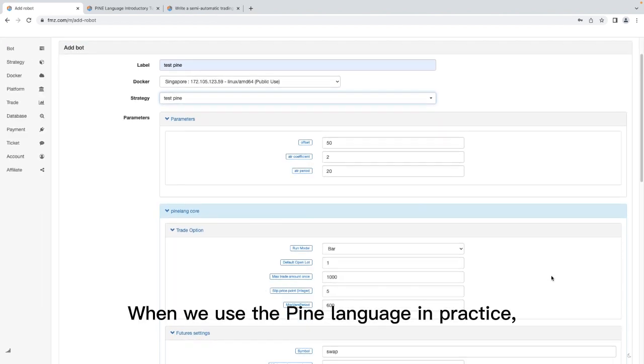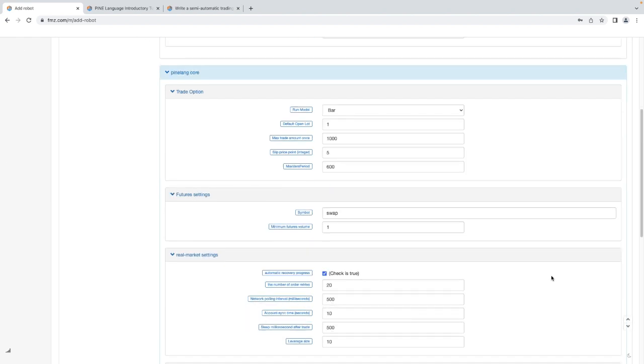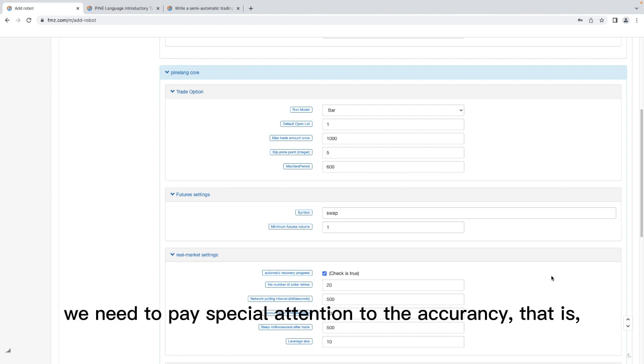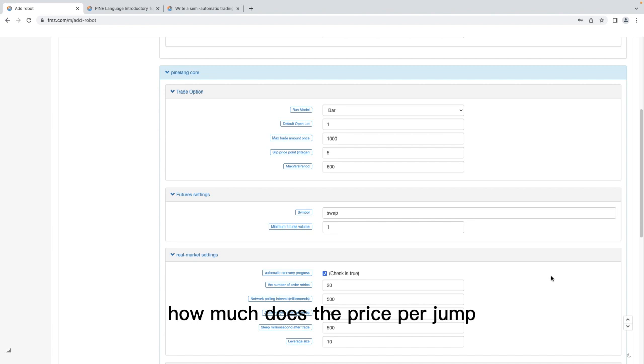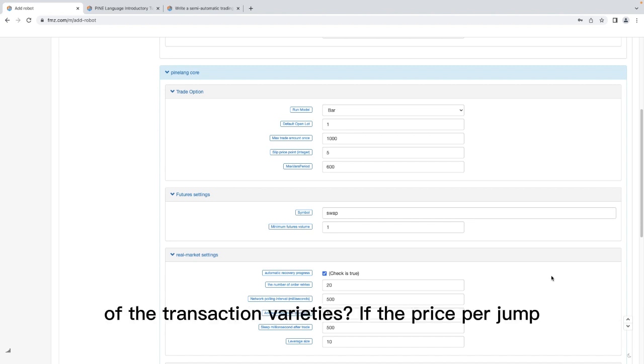When we use the Pine language in practice, we need to pay special attention to the accuracy, that is, how much the price per jump of the transaction varieties is.